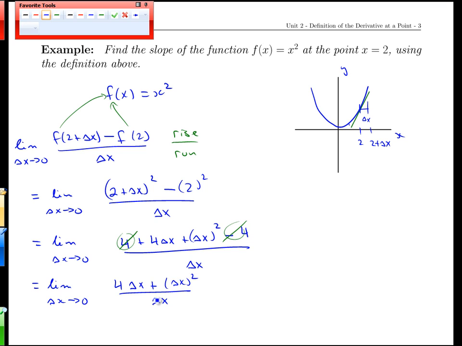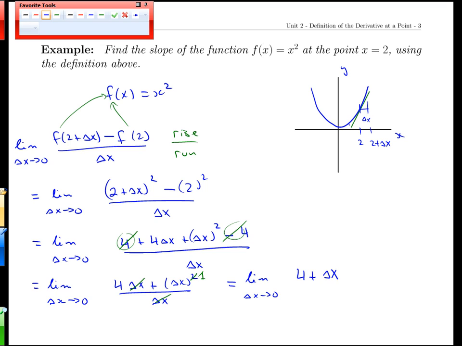And then we notice now that every term has a delta x in it. So this has 1 delta x, this has 2 delta x's, we'll take 1 away. And remember we have to divide it through for every term. That'll leave us with a new expression. The limit as delta x goes to 0 of 4 plus delta x over 1.